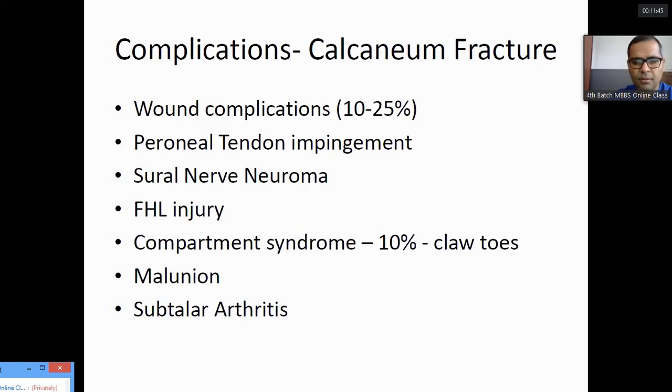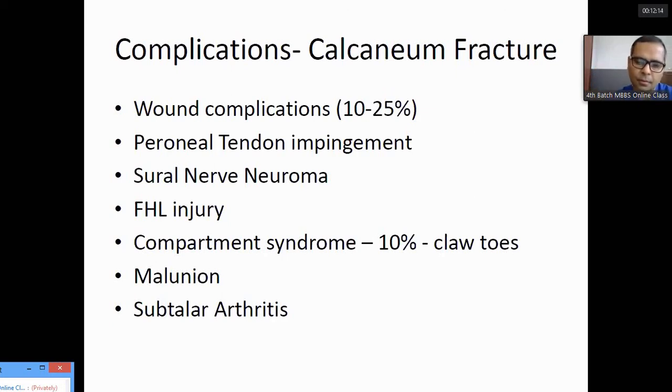The patient presents with severe pain out of proportion, and with passive stretching of the toes there is pain. Ideally we monitor the compartment pressure, which we rarely do here. We have to be quite vigilant about compartment syndrome, which is seen in 10% of the cases, and that leads to clawing of the toes.